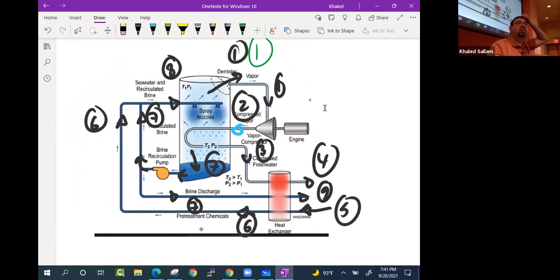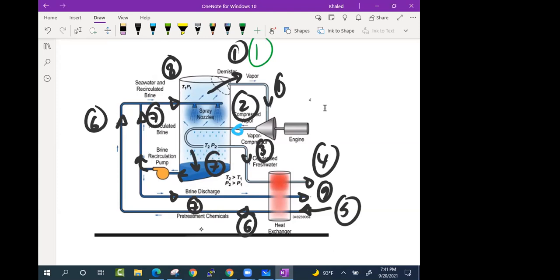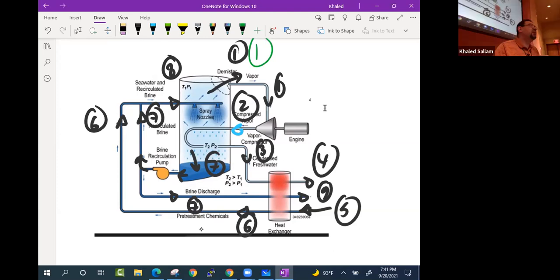What does the pump do? It overcomes gravity. The pump is very little, right? It's just a circulating pump. It's not an actual pumping pump.